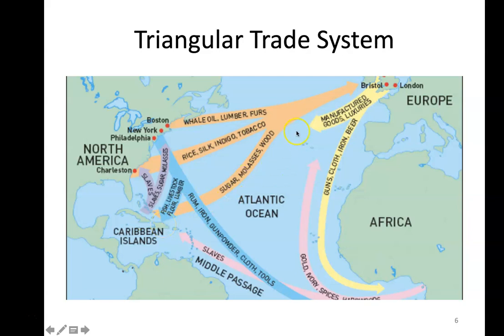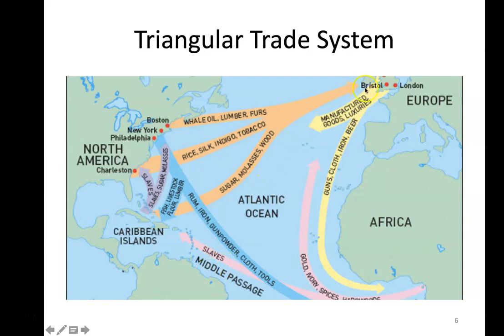So what's going to happen is once you see them fully investing in African slavery, the trade system is going to add a leg here going down to Africa. And obviously they're going to trade with African slave traders for that human cargo of slaves that are going to be sent here on the second leg of this triangular trade system. And that second leg is known as the Middle Passage.